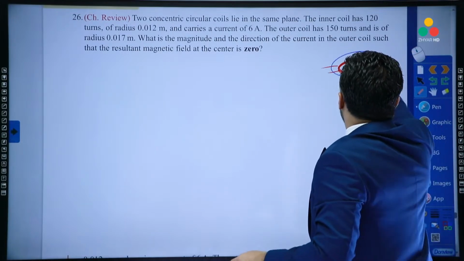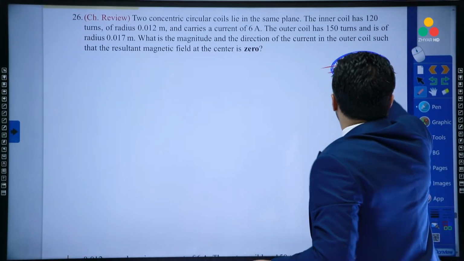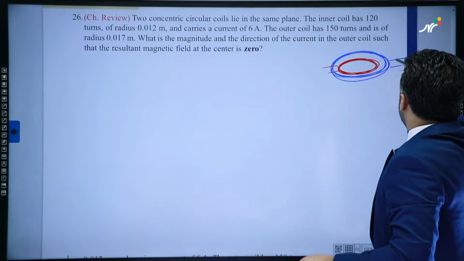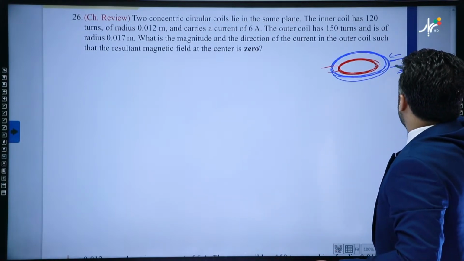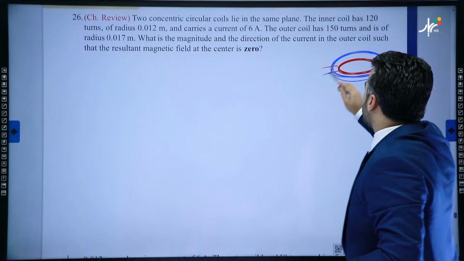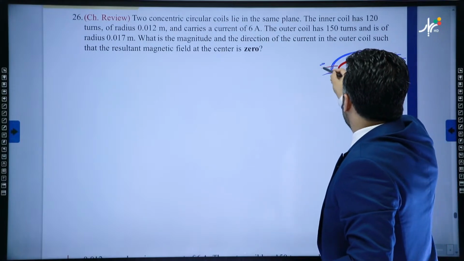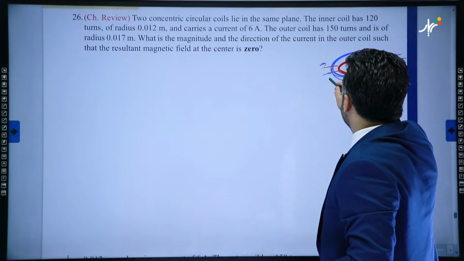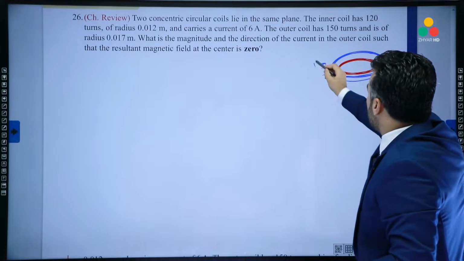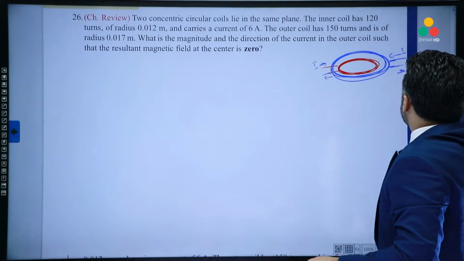It doesn't matter for example whether the current goes in or out at this point. So let's say this one is going in and this one is going out.